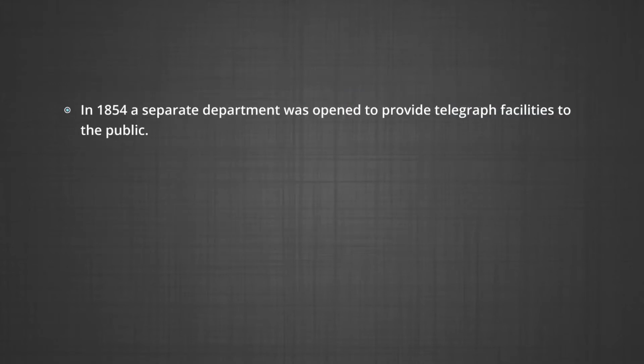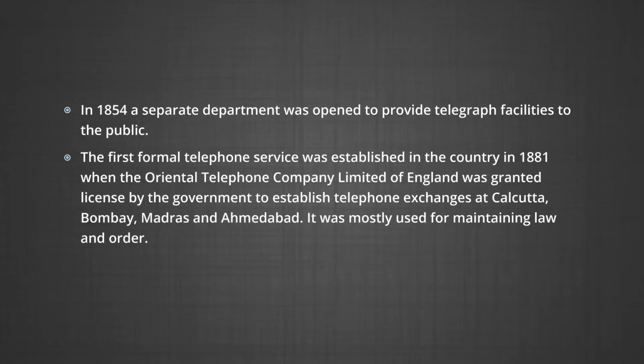In 1854, a separate department was opened to provide telegraph facilities to the public. The first formal telephone service was established in the country in 1881, when the Oriental Telephone Company Limited of England was granted license by the government to establish telephone exchanges at Calcutta, Bombay, Madras and Ahmedabad.